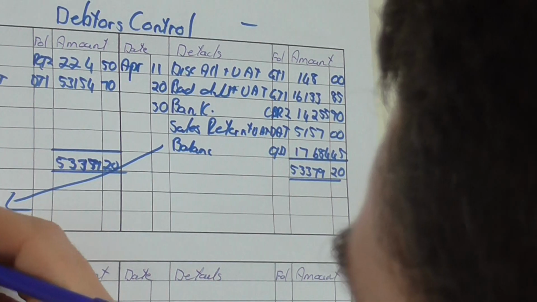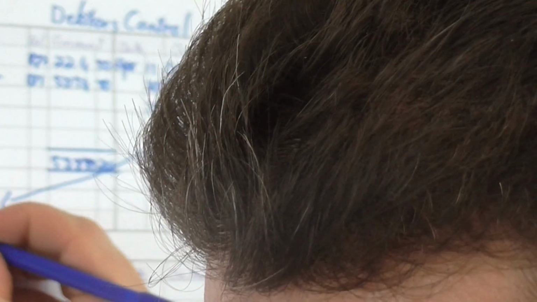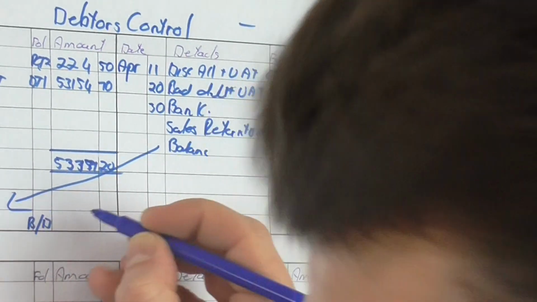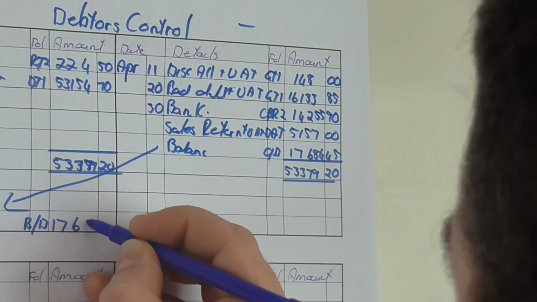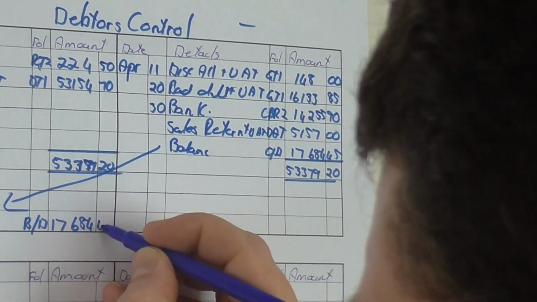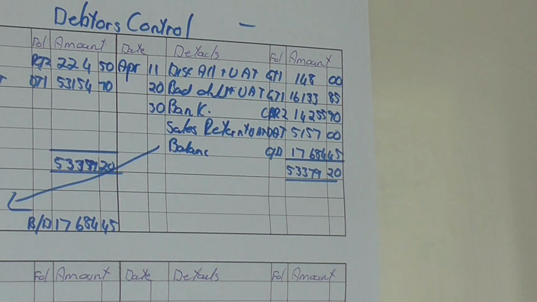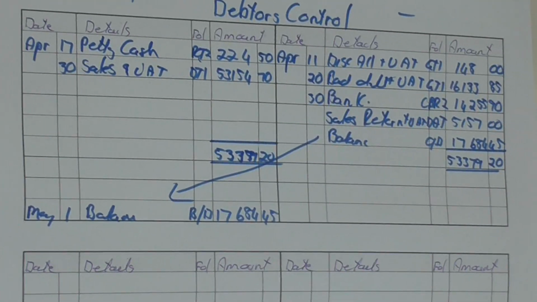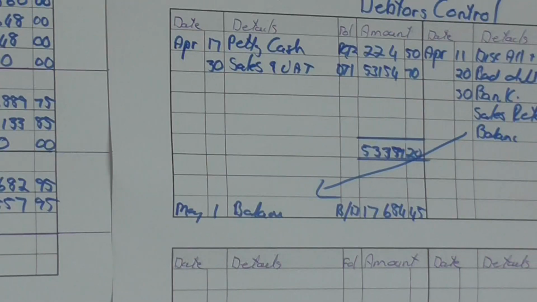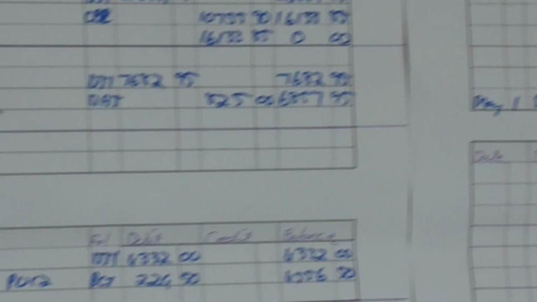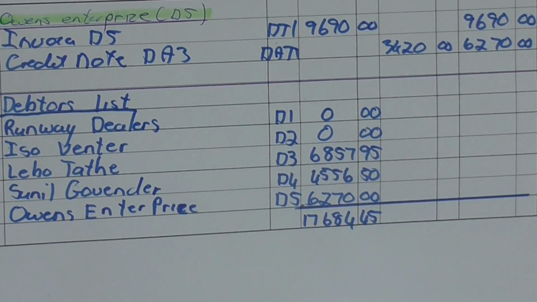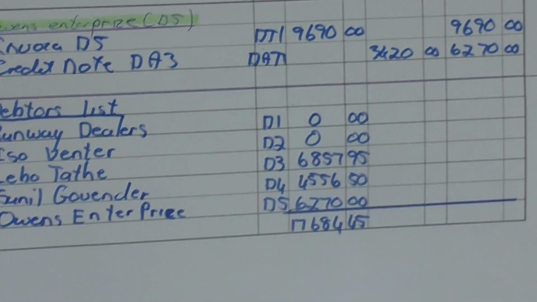So May the 1st, you will have a balance brought down of 17684.45. So the way you know if you've done your general ledger correctly, you see that total 17684.45, that must correspond with your debtors list 17684.45.